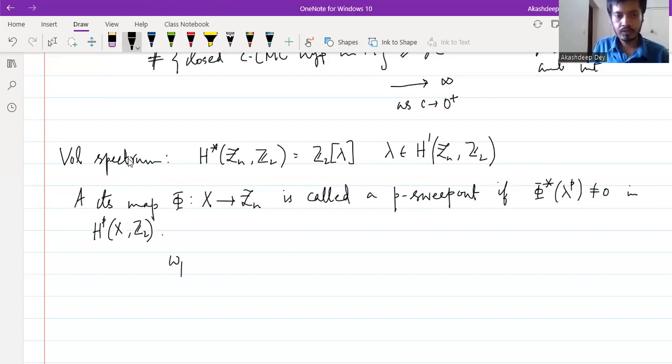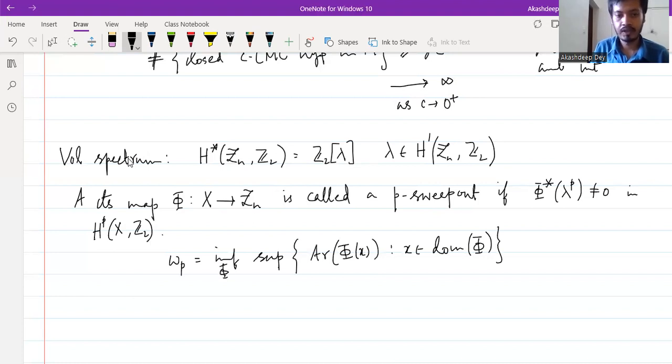We define omega_P as follows. This is equal to the infimum, taken over all Phi such that Phi is a P-sweepout, of the sup of the area of Phi(x), where x is in the domain of Phi.